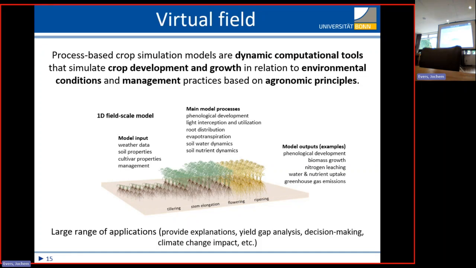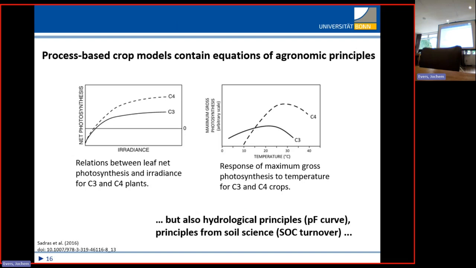As part of the IPCC report. And so what do I mean with agronomic principles? So these models consist of a large number of equations. All of them are usually mathematically not difficult. And they are correlations usually based on agronomic principles, like this one, net photosynthesis over irradiance, or maximum gross photosynthesis over temperature for C3 and C4 plants.